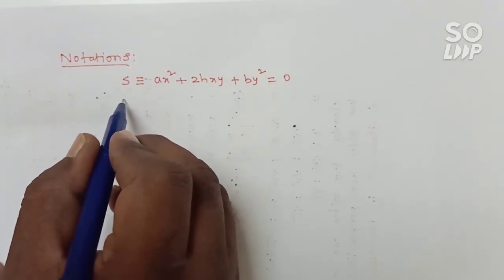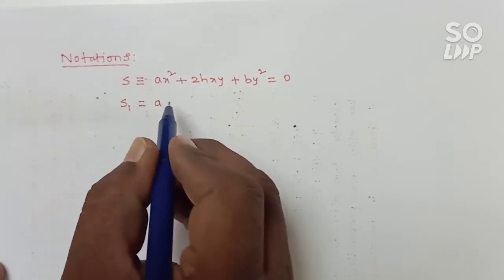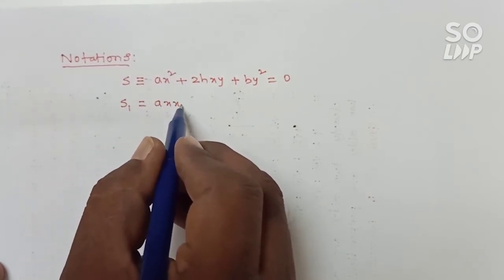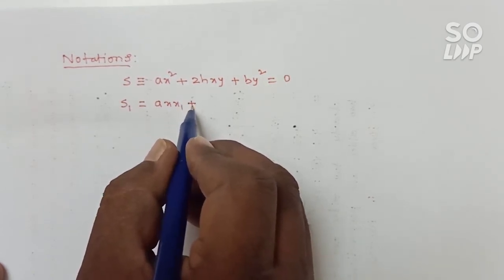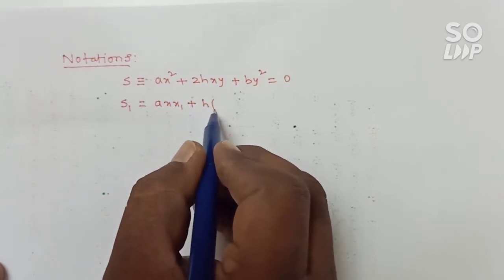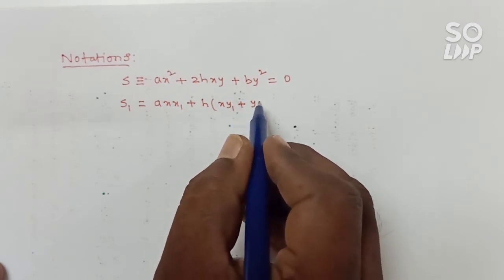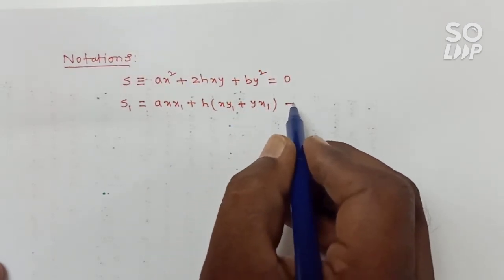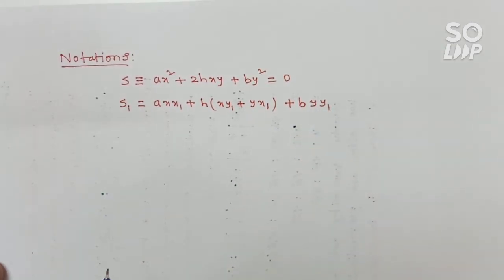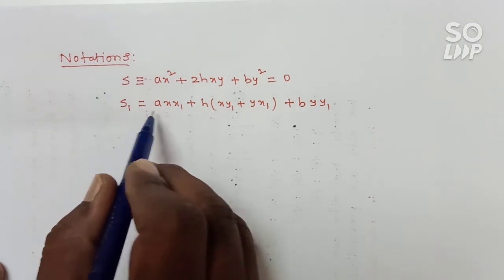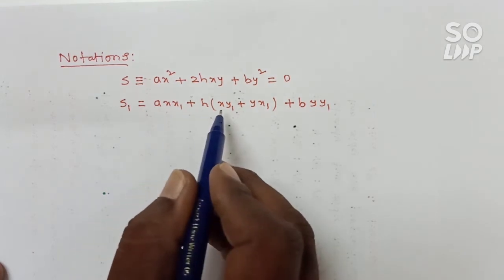Now what is meant by S1? S1 is equal to a into x x1 plus h into (x y1 plus y x1) plus b into y y1. So this is the notation S1.